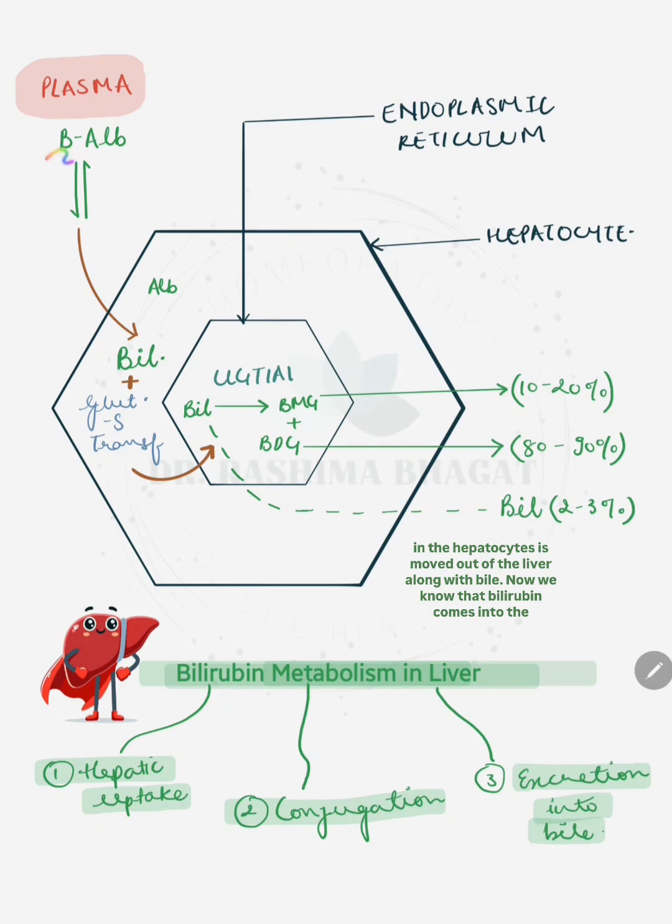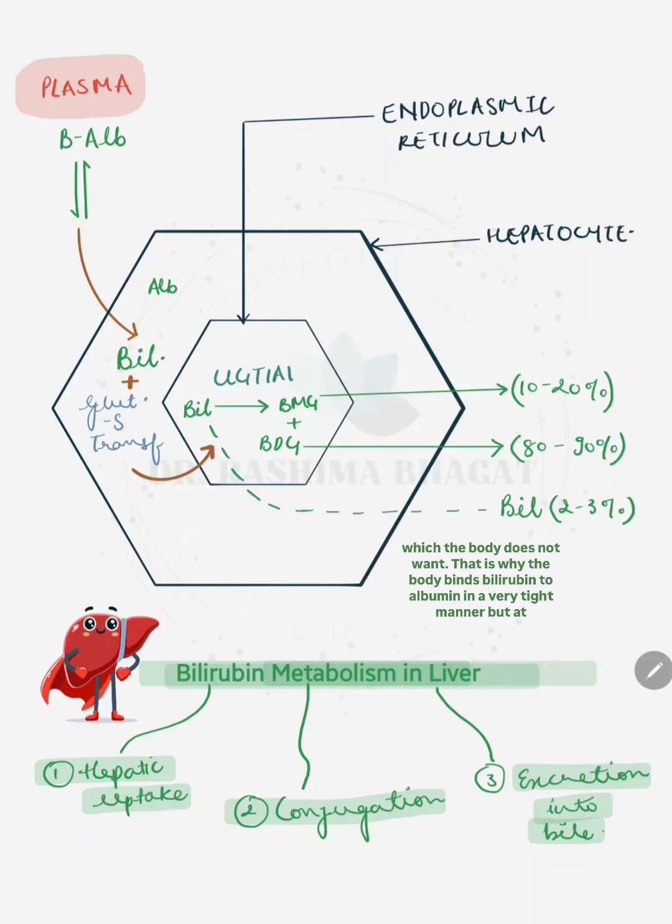Now we know that bilirubin comes into the plasma from the breakdown of RBCs, hemoproteins, and also the breakdown of cells in the bone marrow. Once this bilirubin enters the plasma, it tightly binds with albumin. The reason for this tight binding is that unconjugated, unbound bilirubin can easily cross the blood-brain barrier, and if it does that, it can really damage the brain, which the body does not want.